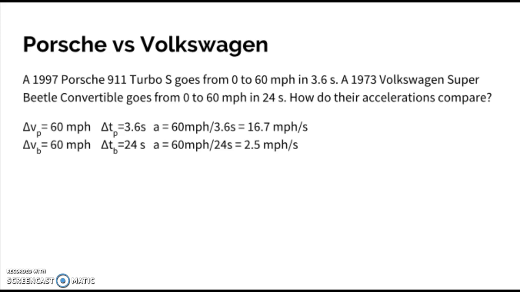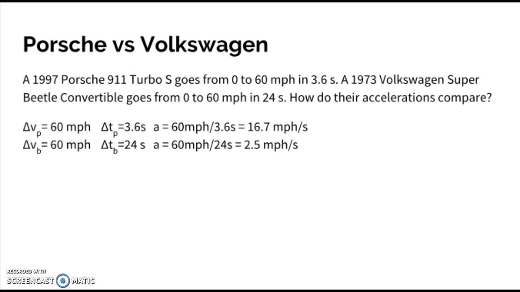So if we calculate the acceleration, we have 60 miles per hour per 3.6 seconds, which when we simplify becomes 16.7 miles per hour per second. Kind of a weird unit, but it doesn't matter because we're going to compare it to something with the same unit. For the Beetle, I did a similar calculation, except this time it goes from 0 to 60 in 24 seconds. So the acceleration is 2.5 miles per hour per second.